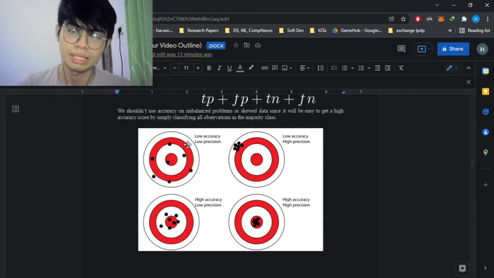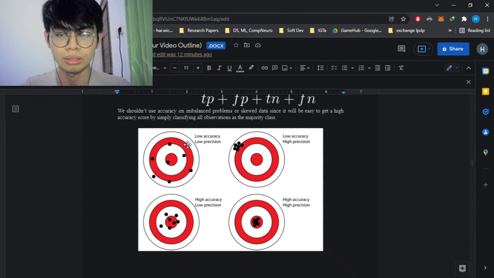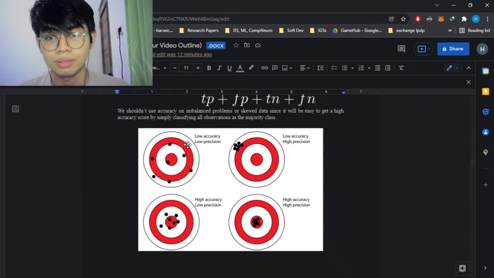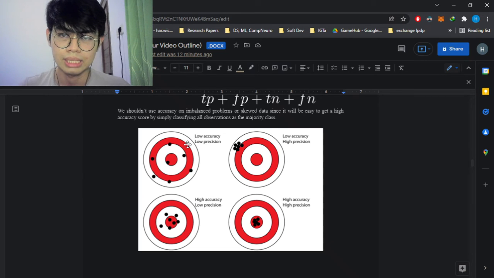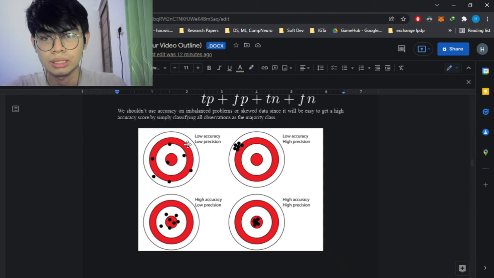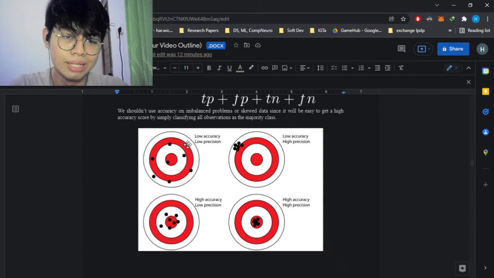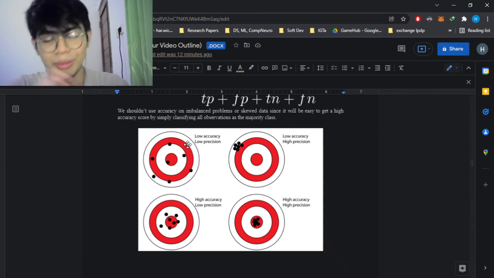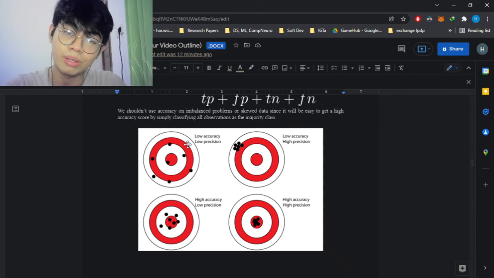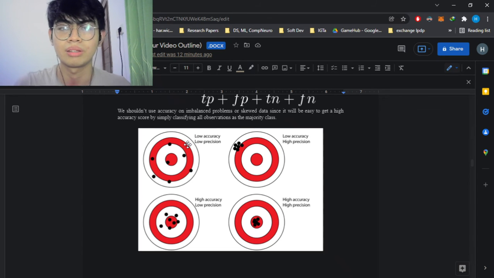And last but not least, on the lower right-hand side, we have high accuracy and high precision because the points are in the center of the bullseye, and they are very close to one another.